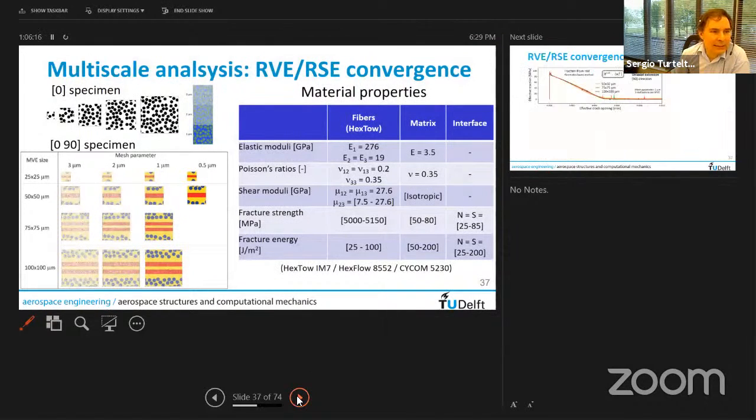The last thing was this multiscale analysis. For the multiscale analysis, as I said, you have to look at domains which are increasingly bigger. We started here from 25 microns up to 100 microns. There's also a mesh refinement that has to be done.